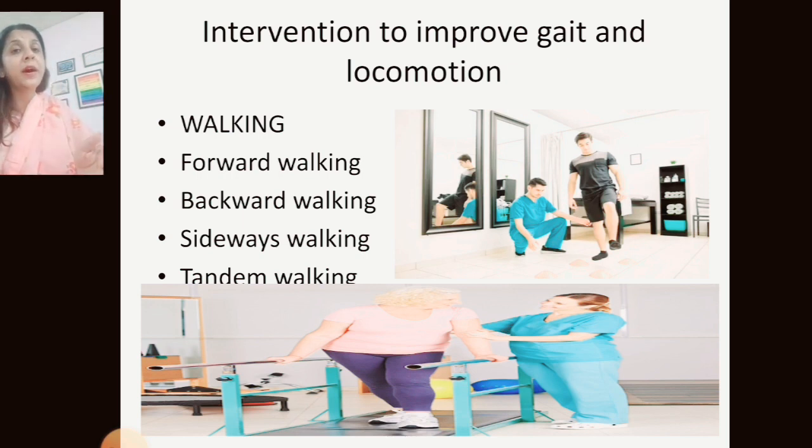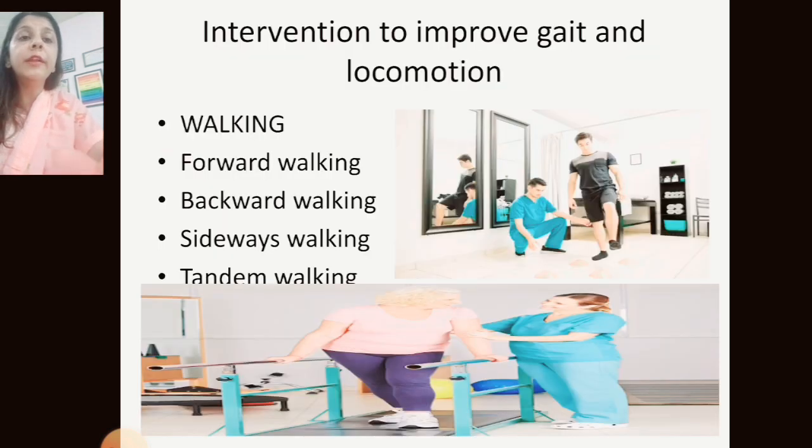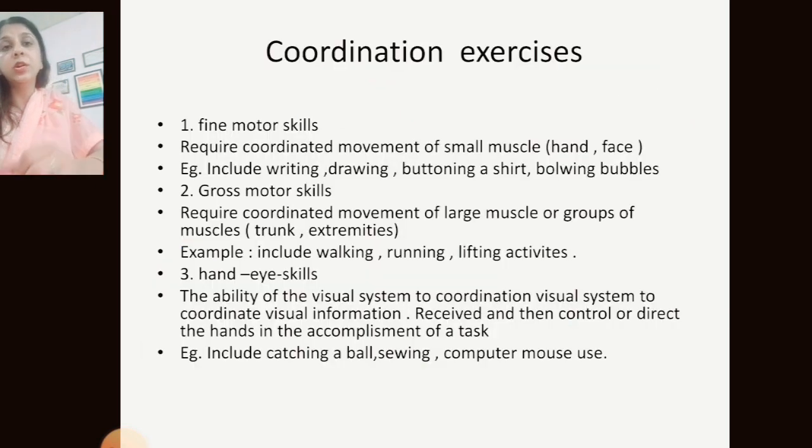Initially in the parallel bars, in a closed environment, with eyes open, then in an open environment, not in the classroom or the lab or the clinic, but moving outdoors, in the outside environment with eyes open. So forward walking, backward walking and sideways walking improve or enhance the locomotor action of the patients. So that is all about how we treat a patient with cerebellar pathology.